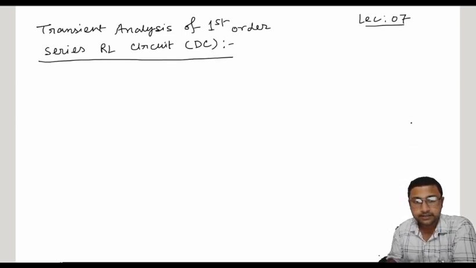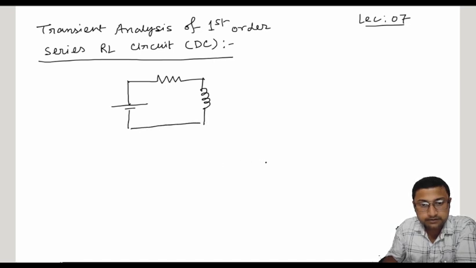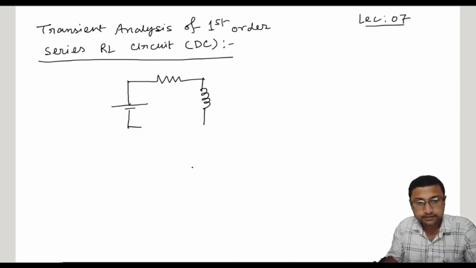Okay, so the circuit will be like this. Suppose we draw the circuit: this is the DC supply voltage V, and with it one resistance and one inductance are connected in series.